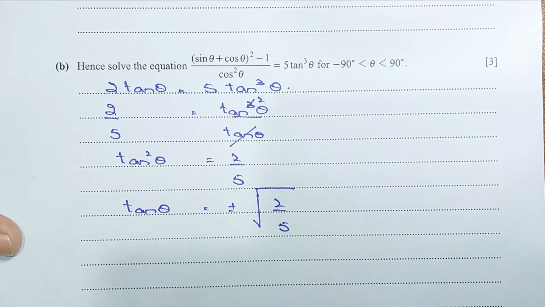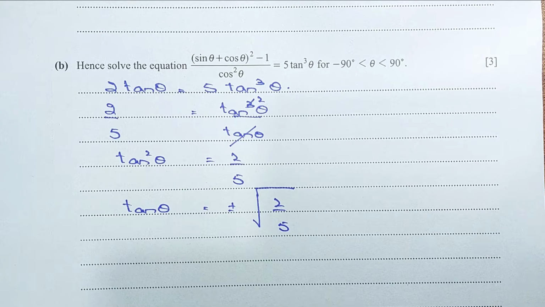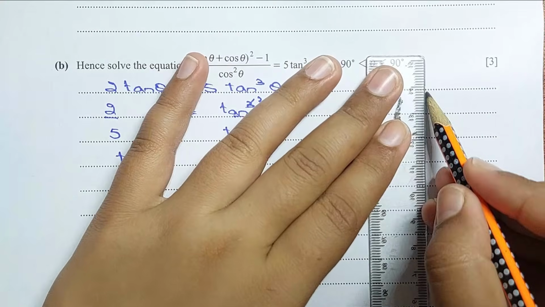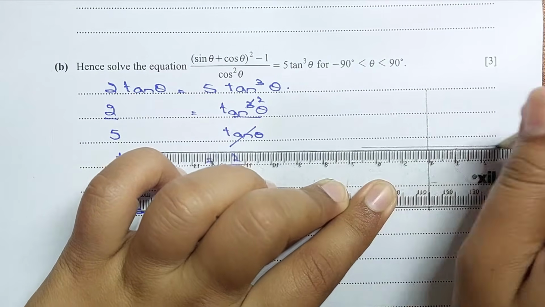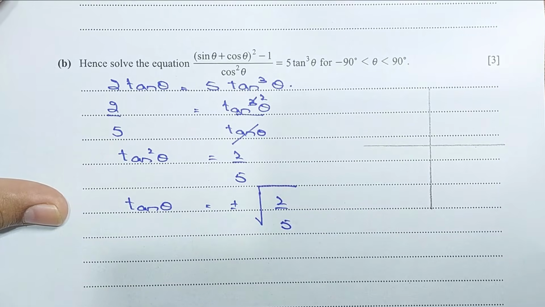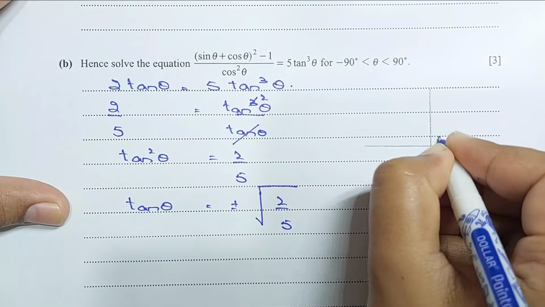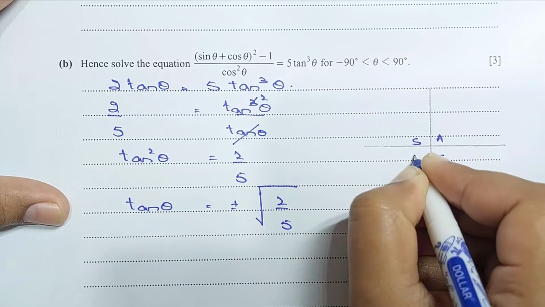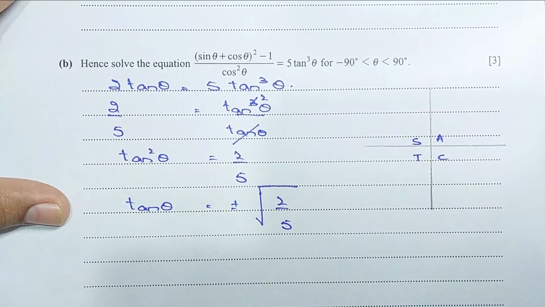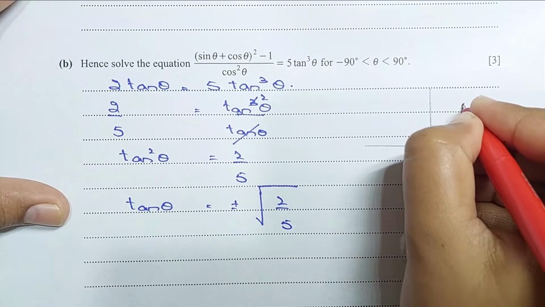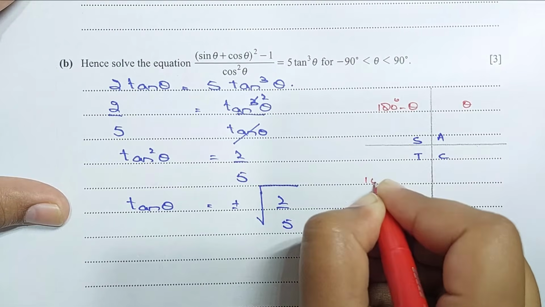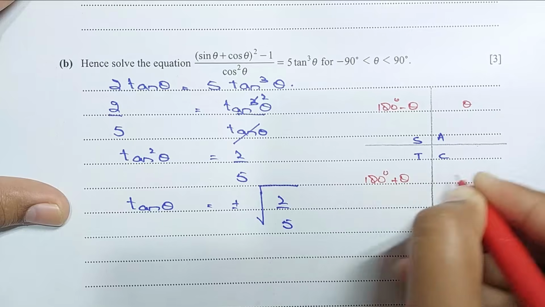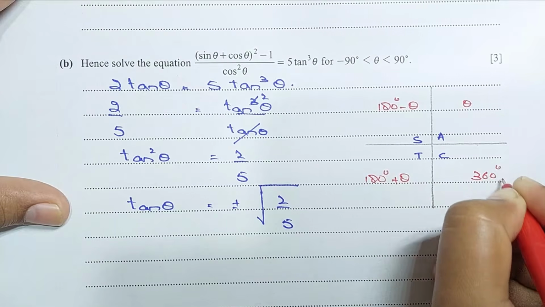All right. Now apply the CAST rule and check in which quadrants tangent is positive and negative. We are dealing with two cases now, the positive one and the negative one. According to the CAST rule, C, A, S, and T, here we have theta, here we have 180 degrees minus theta, 180 degrees plus theta, and 360 degrees minus theta.